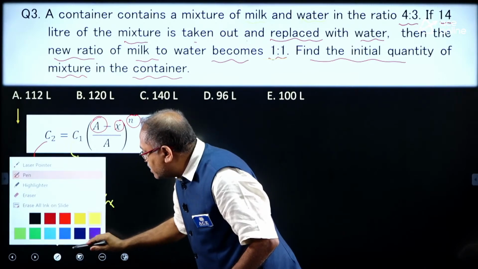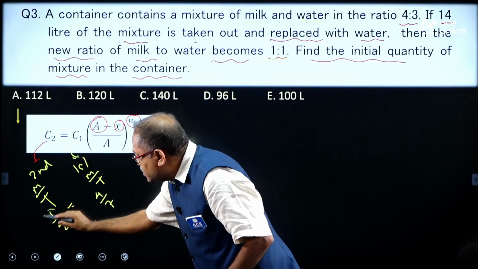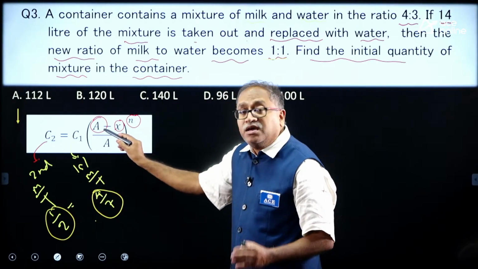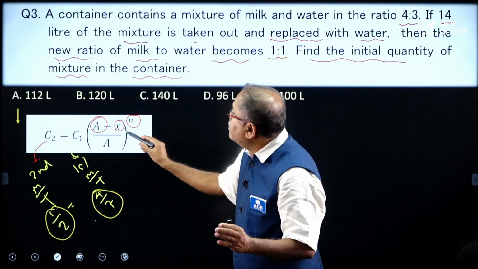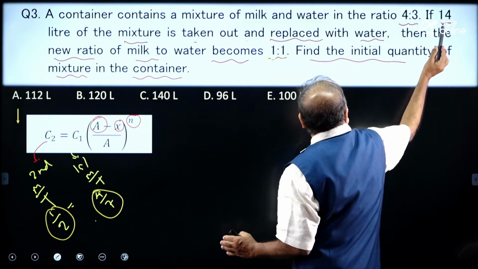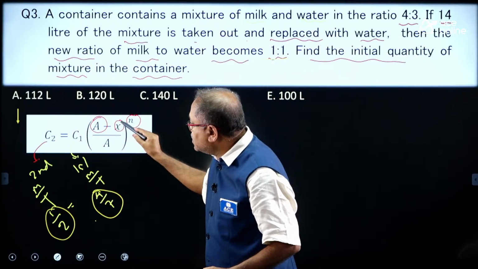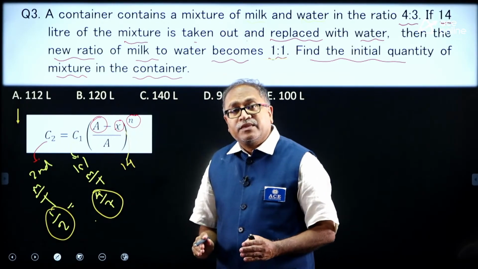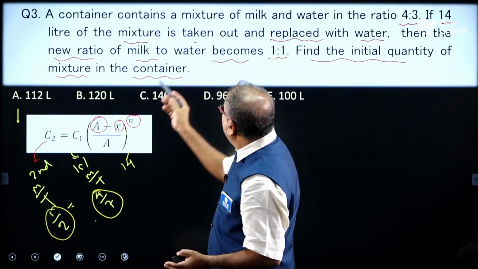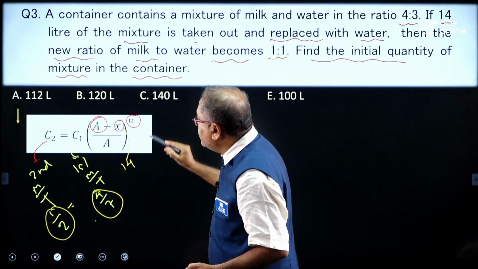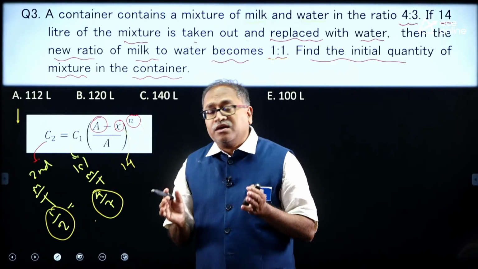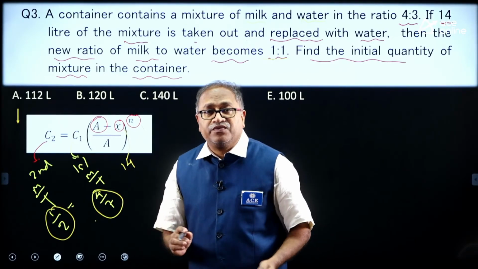A is not known to us. And what is the X here? The X is the 14 liters which is removed. And how many times is it done? Only one time, therefore, n is equal to 1. The application of this formula is very wide.